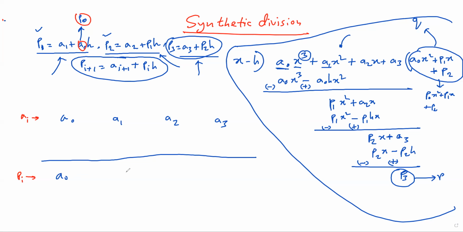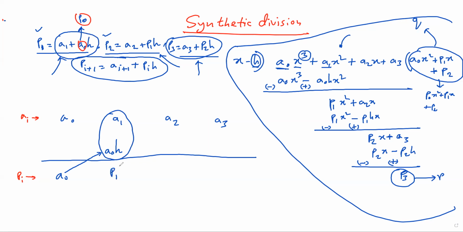Here I'm going to write P1, but what is P1? We know what H is. So we have an H ready here. Multiply this A naught with that H to write A naught H here, and add these two to get A1 plus A naught H, which is basically just P1.